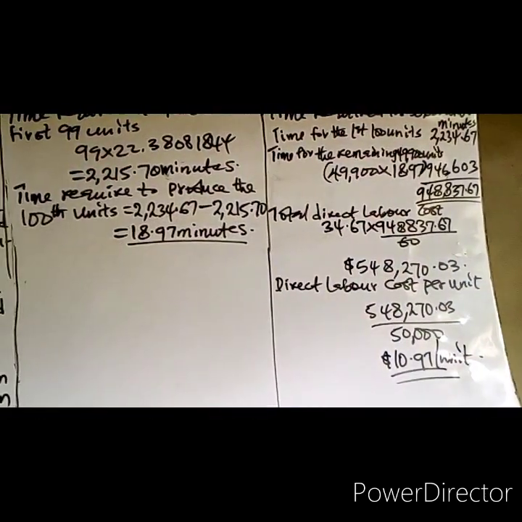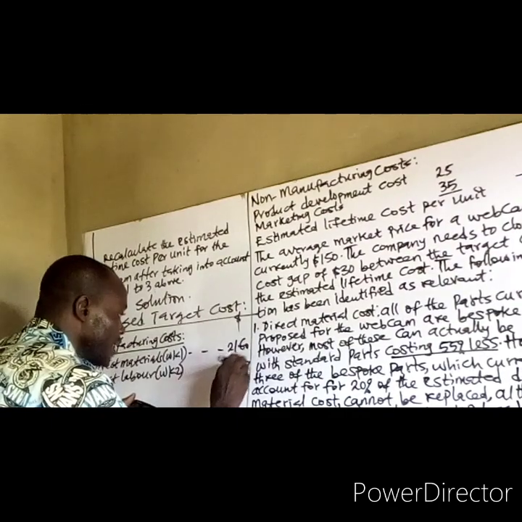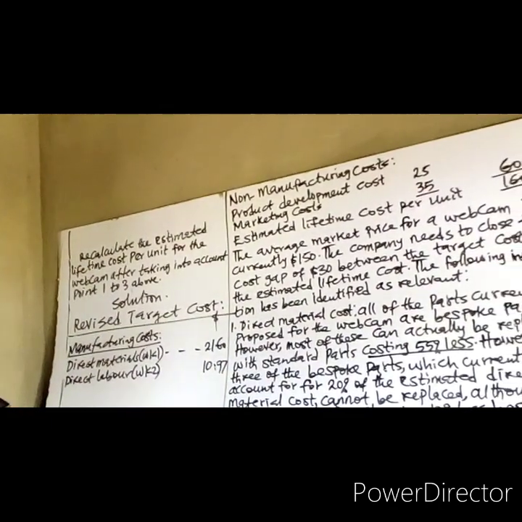So direct labor, working 2, is 10.97. That is the direct labor cost per unit.